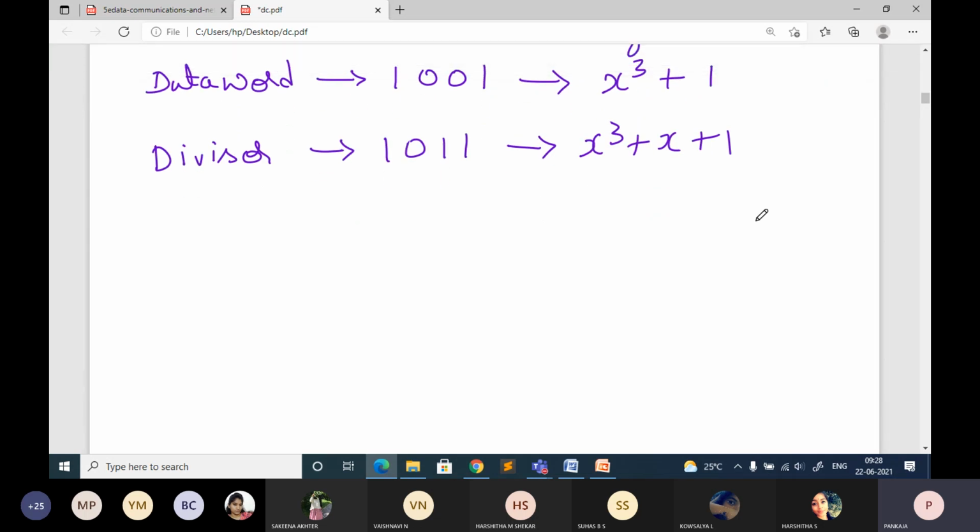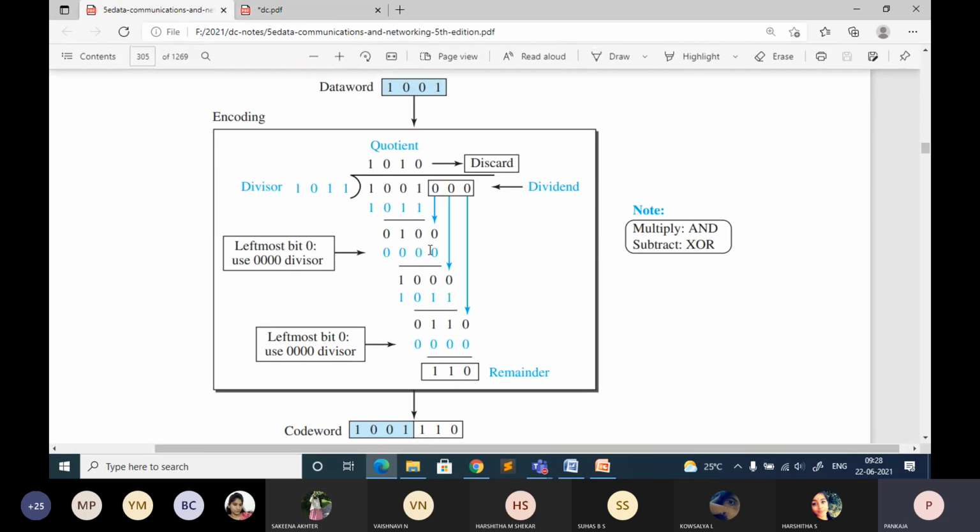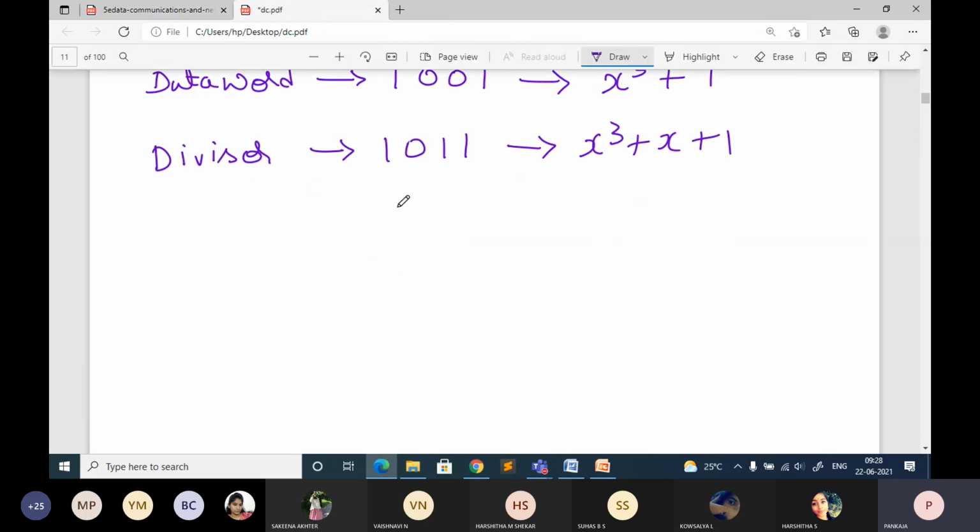Just recall what we did: we first converted the data word into the augmented data word by appending zeros. Now you also need to do the same thing. You can write the augmented data word before starting the division.